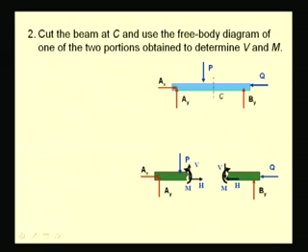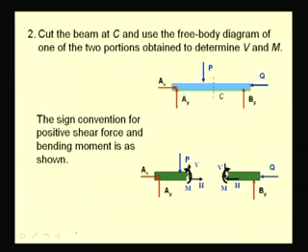These directions that have been shown are taken as the positive convention. The shear force marked vertically upward on the left hand portion, that is AC, is taken as the positive shear force, and the axial force is taken positive along the positive direction of x.